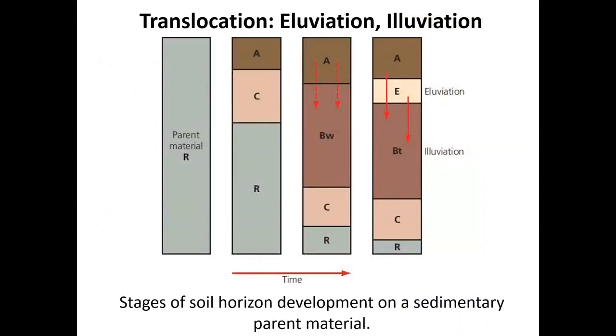So this is an example of translocation, alluviation, and illuviation. This is a profile of soil that starts out as bedrock on the left here, and then over time, it could be a very long time, depending on how fast the transformation processes are, it can change into a multi-layered soil profile with an A and a C layer. And then as you have moisture and water come down and animals breaking down material, you can have the formation of a B layer.